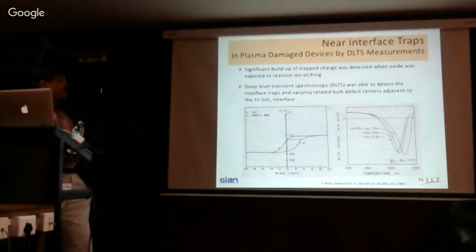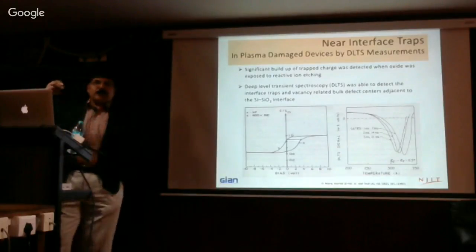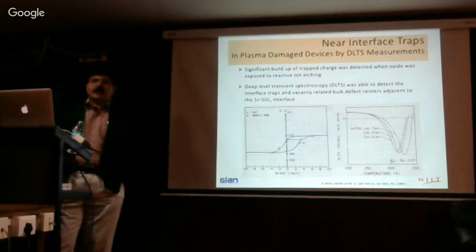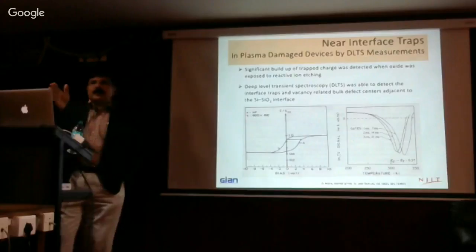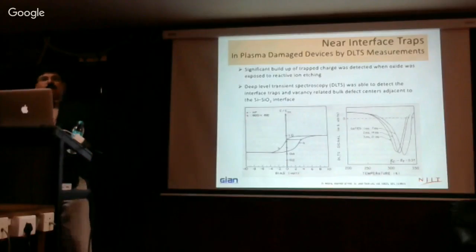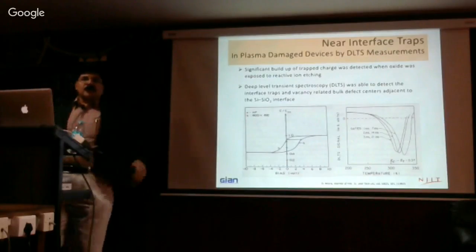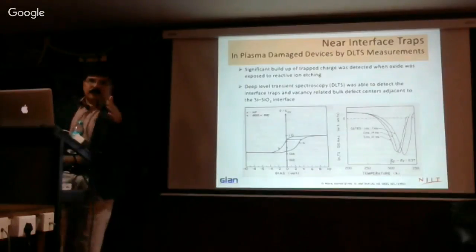And that you can also measure through DLTS by giving a pulse to the interface, filling up all the interface defects. I will explain the DLTS measurement system a little bit later. But what you do is give a pulse, so you fill up all the interface with electrons and then take the pulse out. While you're doing that continuously, you also change the temperature.